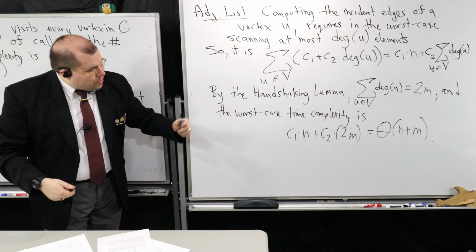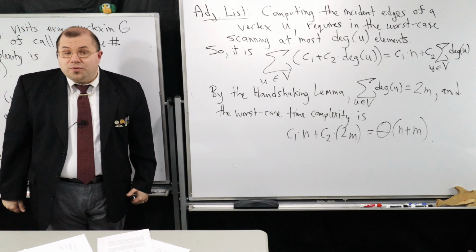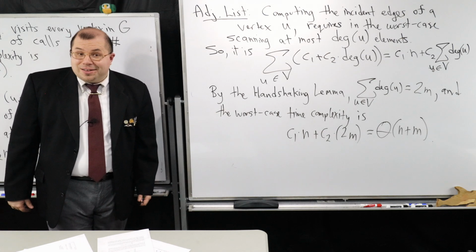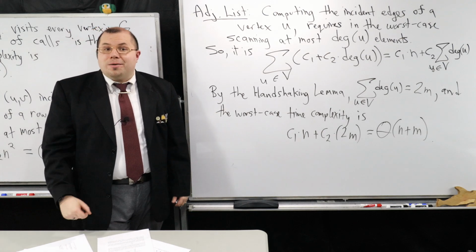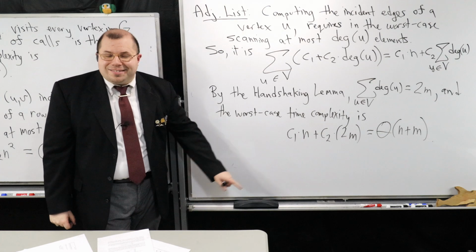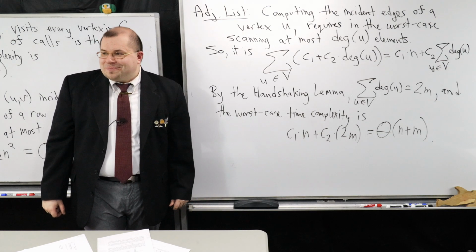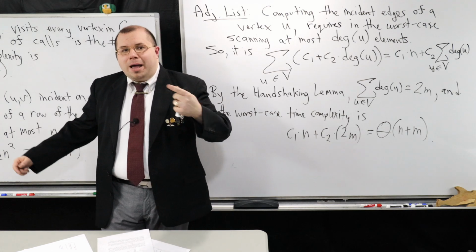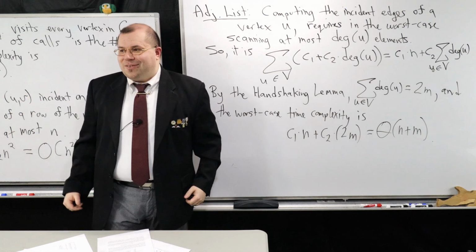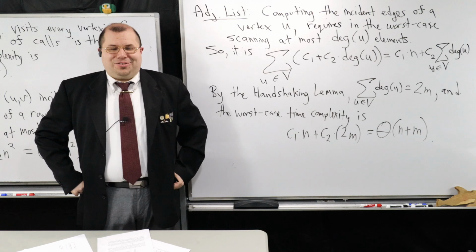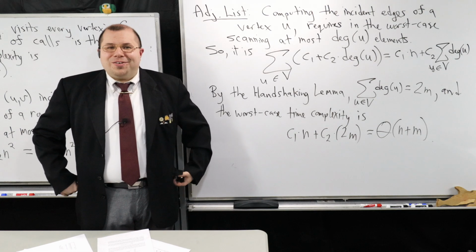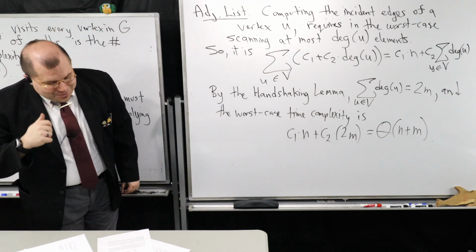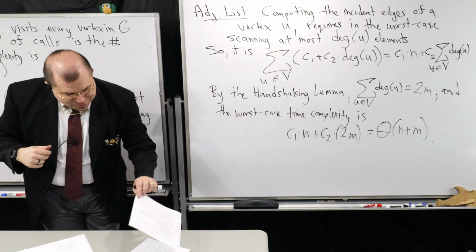So this is rather effective for the adjacency list, because if you recall, the space requirements of an adjacency list are the exact same, just like with the adjacency matrix. Isn't that wonderful? So, are there any questions before we proceed?